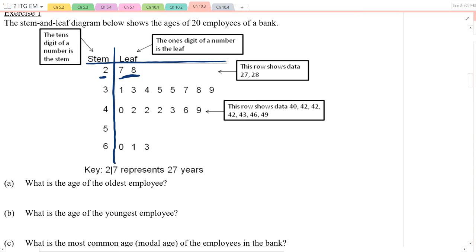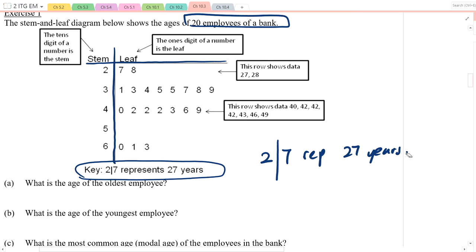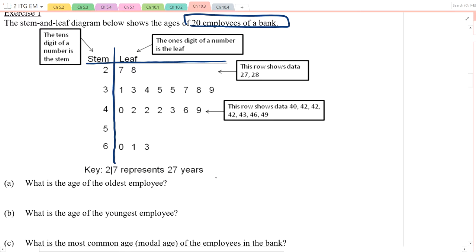What does this actually mean? Look at the key at the bottom. This is the key to understanding what the numbers mean. So when I have 2 with a line 7, it represents 27 years. This information over here is the age of 20 employees of a bank. So based on my key, I can say that there is one employee who is 27 years old.